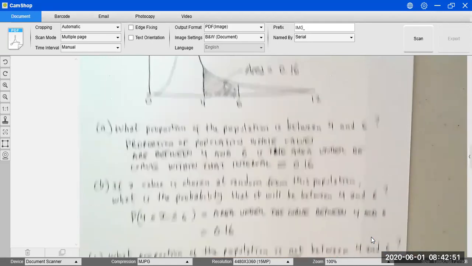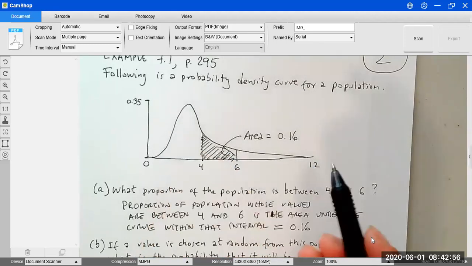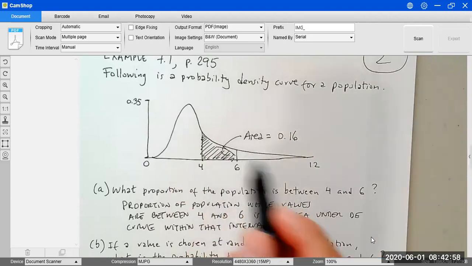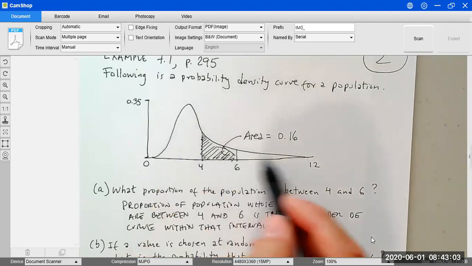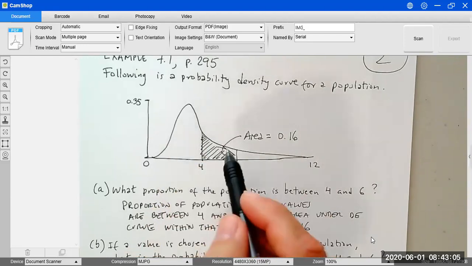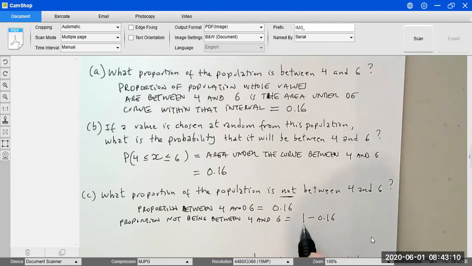Why? Because we said that the total area under the curve is 1. Then if the proportion between 4 and 6 is 0.16, then the rest of this area is just 1 minus this area. So you're going to need to subtract 0.16 from 1. So using our calculators, you're going to find that the answer is 0.84.